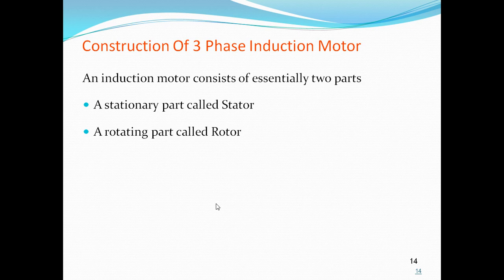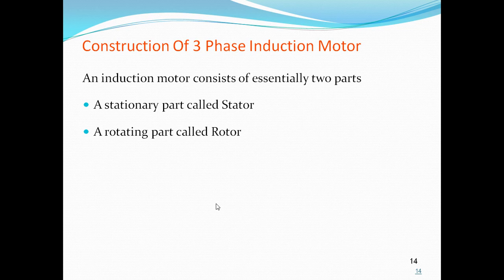So if you see the rotor, the rotor is the rotating part. There are two types of rotors, that is squirrel cage rotor and phase wound rotor.